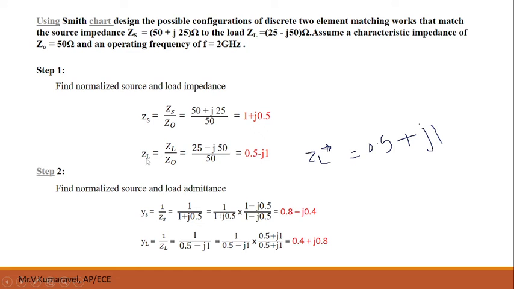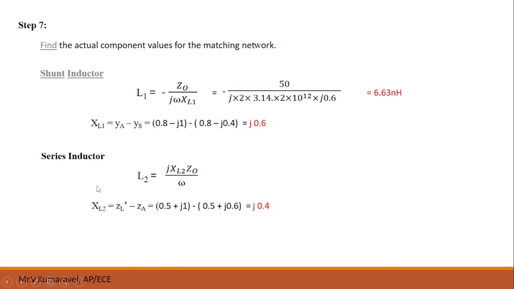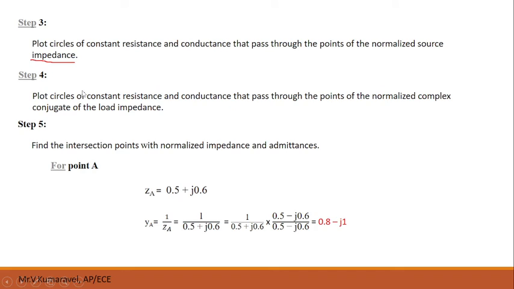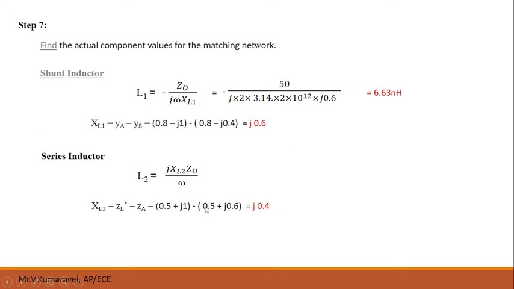We know ZL is 0.5 minus j1, so ZL conjugate is 0.5 plus j1, and ZA is 0.5 plus j 0.6. We will get j 0.4. Substituting in the previous equation, we get the inductor value as 1.59 nano henry.